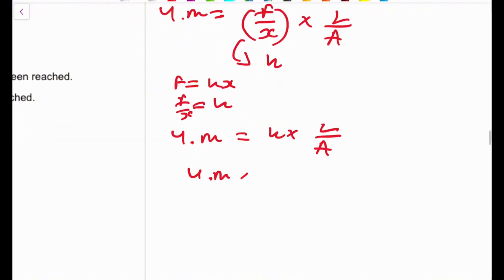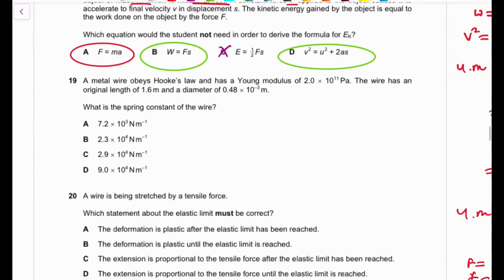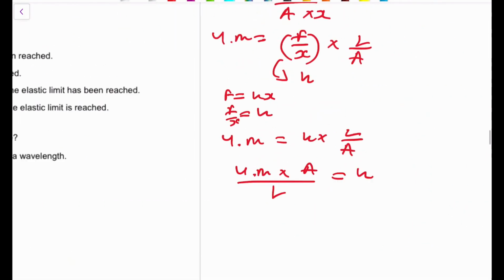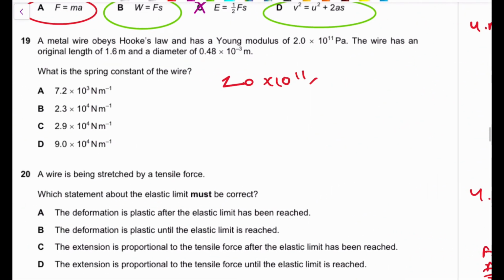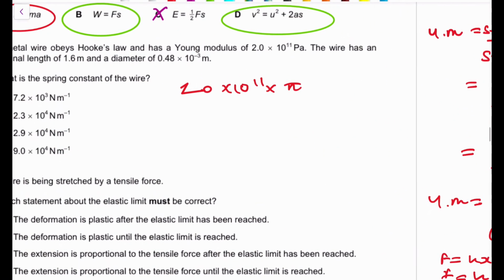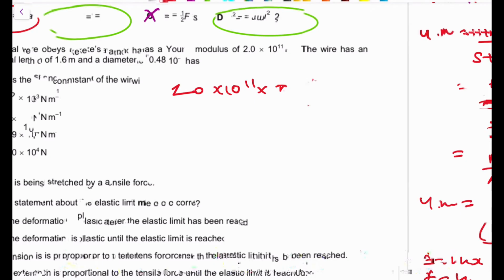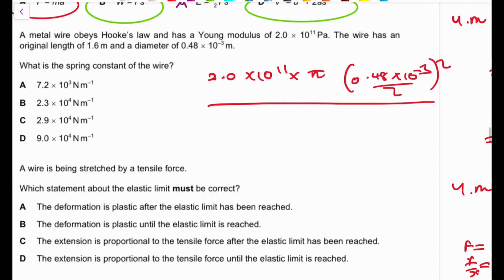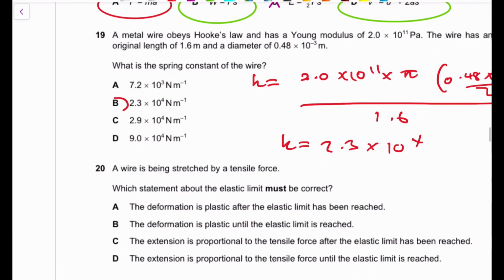So the Young modulus multiplied by the area divided by the length is equivalent to the value of K. So I have 2.0 times 10 to the power of 11, multiplied by the area, pi d squared over 4, all divided by my length, which is 1.6. If I punch that on my calculator, that gives me a value of K of 2.3 times 10 to the power of 4, which is B.